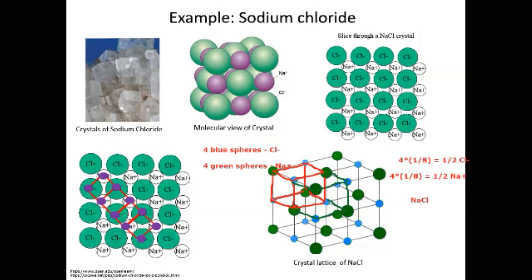So by knowing the components of the unit cell, you can, in some cases, easily determine the formula of the compound in that unit cell. Sodium chloride is a very simple structure to look at. If it was something more complex like organic compounds, it's not as easily visualized as it is for sodium chloride.